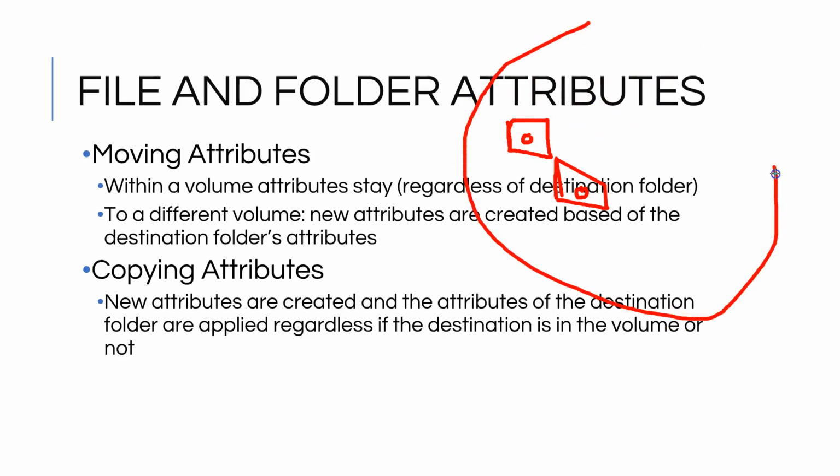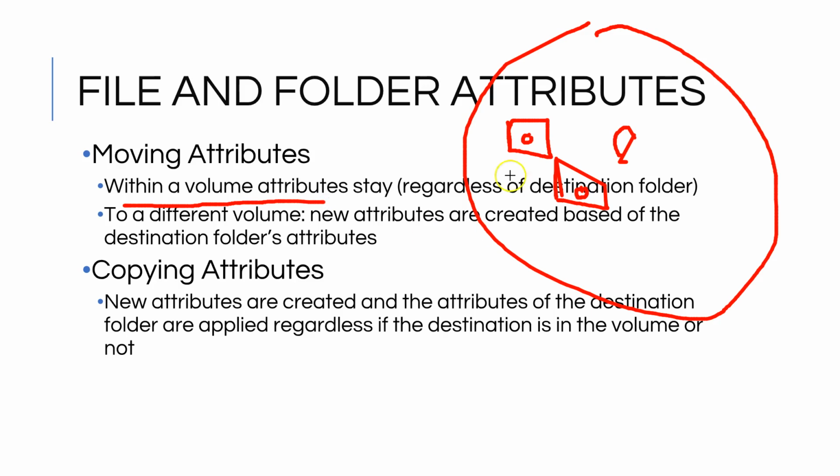What it's going to do is just change the location property in the file. It's going to say, okay, this is now located in this other location the user wants it in. Therefore, it doesn't create anything new. It doesn't modify this file. So it's just going to keep the same attributes. The attributes stay the same.